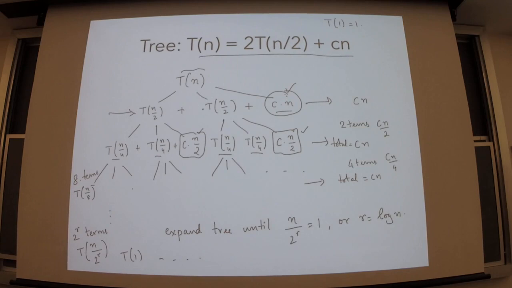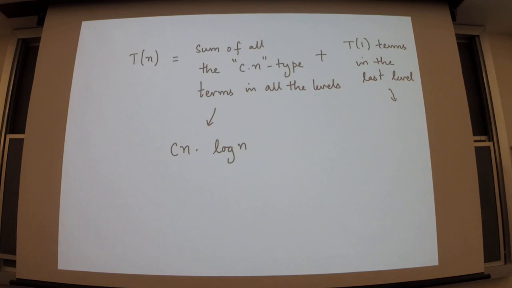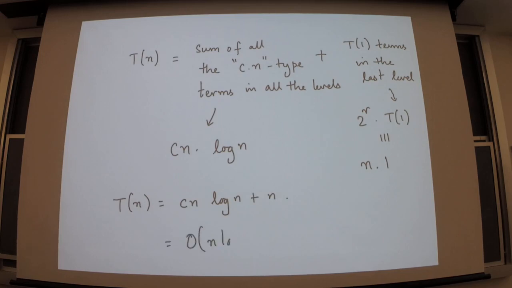You had 2 to the r, and r was log n, so you had exactly n terms. So this is n times T of 1, and the overall running time T of n is Cn log n plus n, which is of course O(n log n).